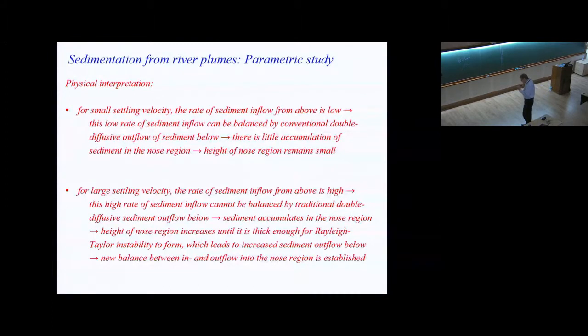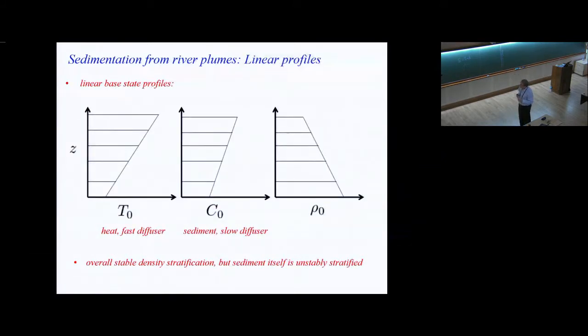Okay, so what I've discussed so far is the situation where we start from a sharp interface with fresh water and sediment above, salt water below. Typically, of course, in the ocean, we have more distributed profiles rather than sharp profiles. And so we then decided also to look at this second case, which is equally interesting.